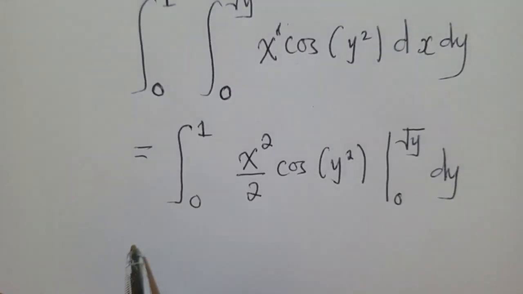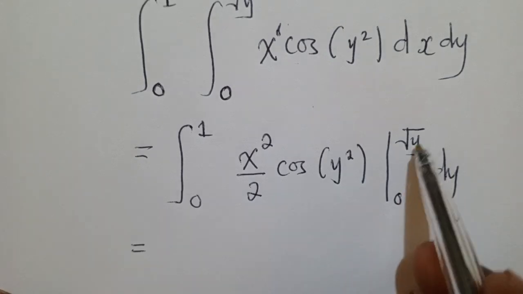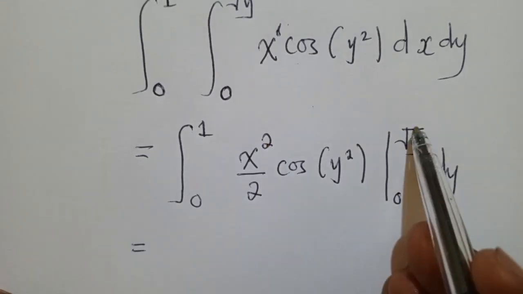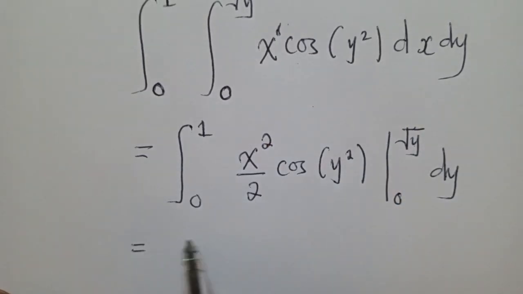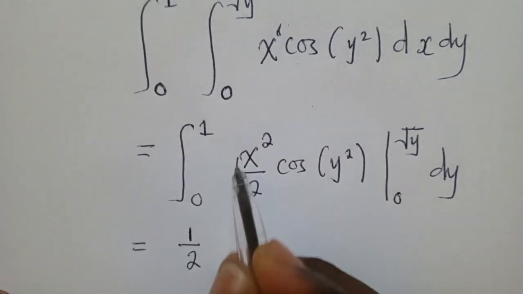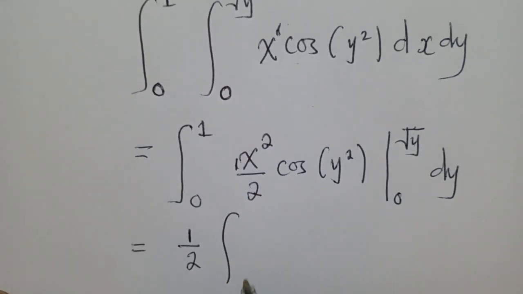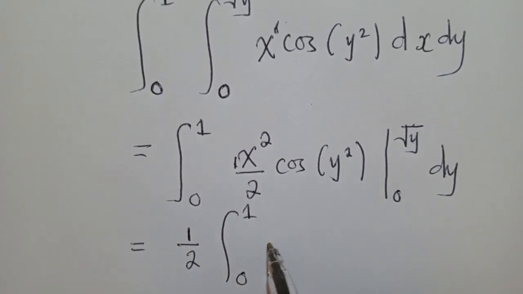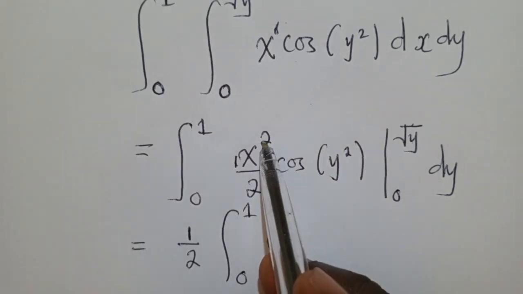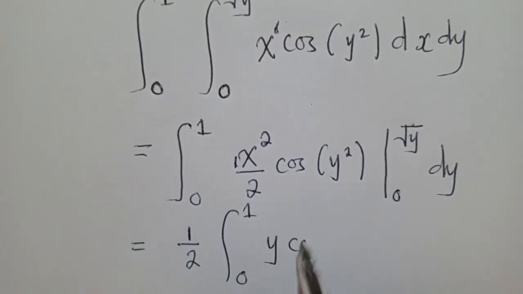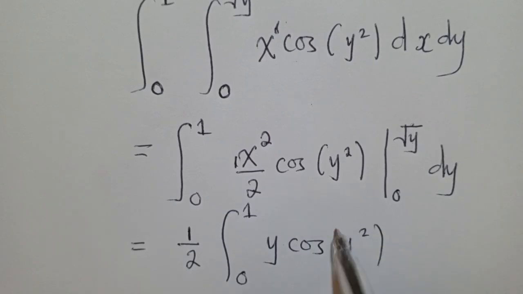Now from this stage, we can substitute. When we get this root of y, we substitute it here. Because of the power 2, the root will go, and we shall remain with 1 over 2. Since it's a constant, it can be factored out. So we write the integral sign, and here we have y. It was supposed to be y times root of y, but because of the power 2, the root and the power 2 go, and we remain with y, and then cos y squared.